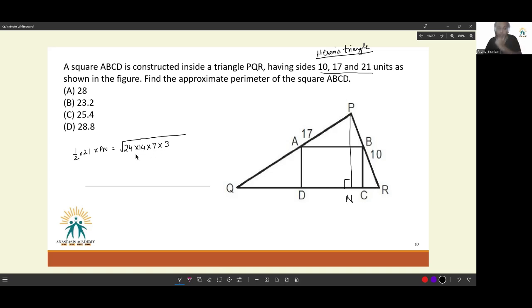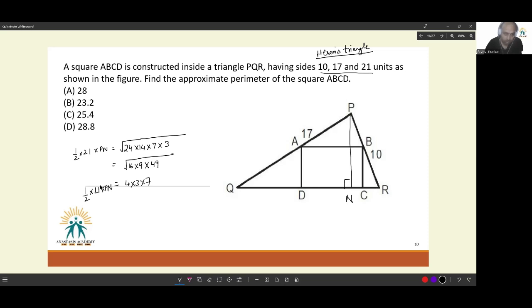Okay. So we have to deal with this now. I will have 16, 8 into 2, 16, then 3 into 3, 9, then 7 into 7, 49, which turns to 4 into 3 into 7, or half into 21 into PN.